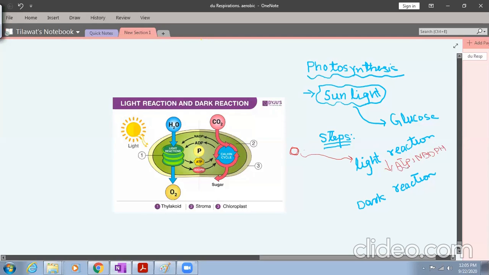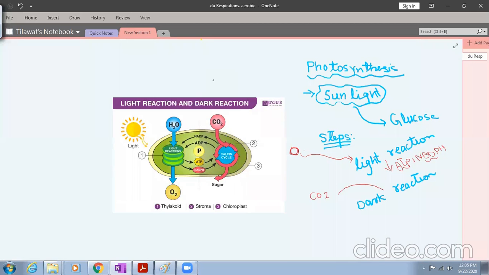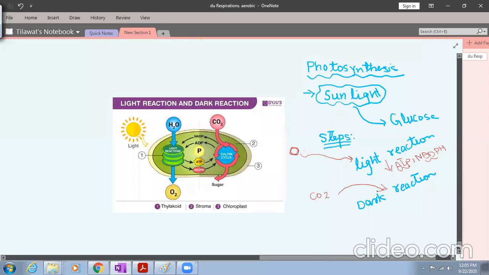This ATP and NADPH will be used for the fixation of carbon dioxide in the stroma. And by utilization of ATP and NADPH, this carbon dioxide will convert into glucose through dark reaction of photosynthesis.